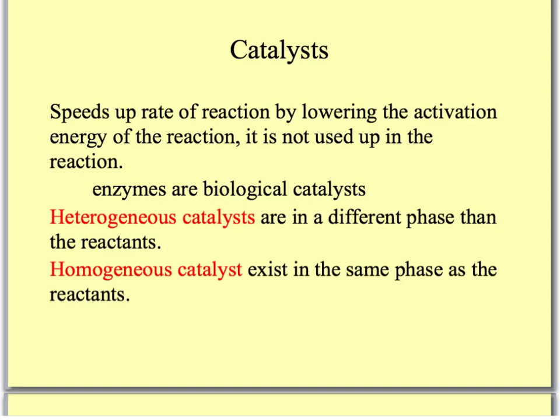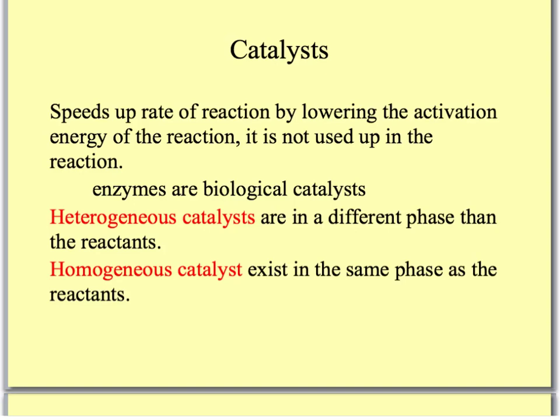You know that catalysts aren't used up in the reaction. They form an intermediate complex, and then once the reactants bind together, the catalyst is released and can be used again and again and again. Enzymes are biological catalysts.